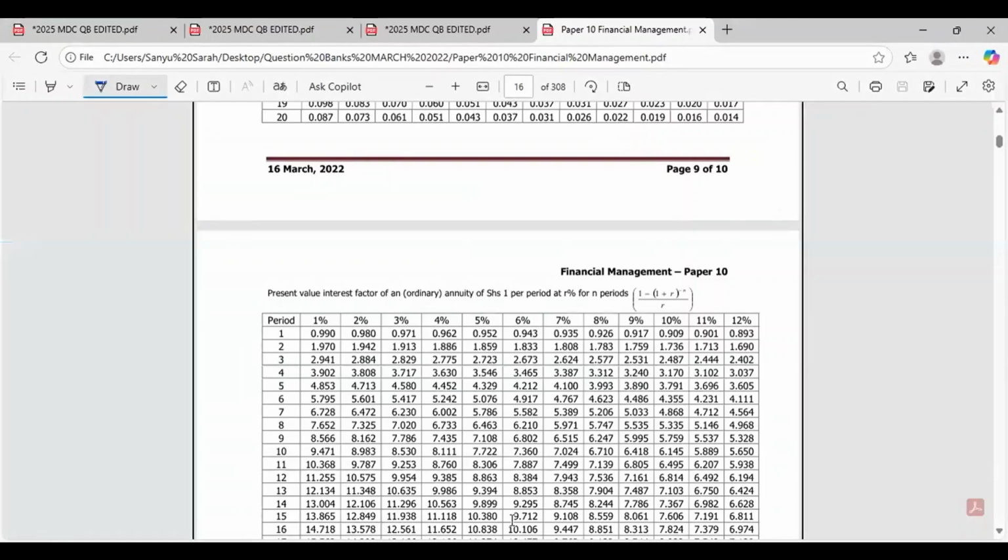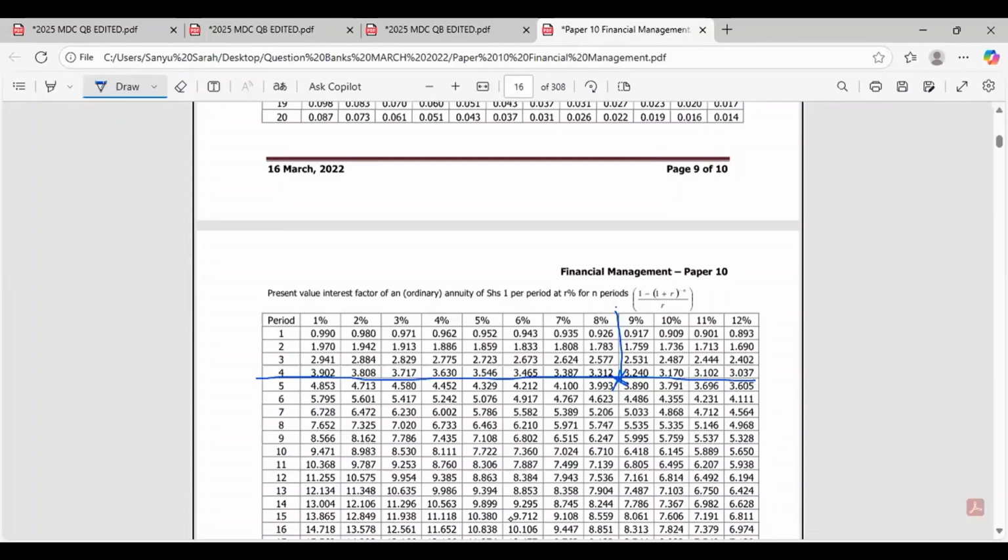Our period is 4. So 4 is right there, that line. Then our discounting factor is 8%. You go up and look for the percentage. So where those two are meeting, they are meeting at 3.312, which is the same answer we've got by computing.